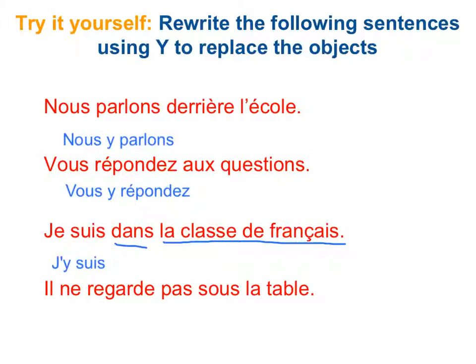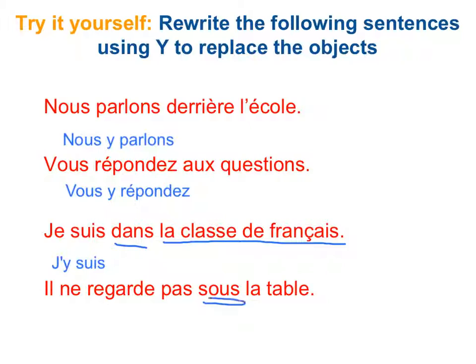And finally, we've got il ne regarde pas sous la table. So here we've got a negative. Remember that the ne from the negative will always go before any pronoun. The ne will go before any pronoun like y or lui or le, la, and then you'll have the verb and the pas after the verb. So, what are we replacing?